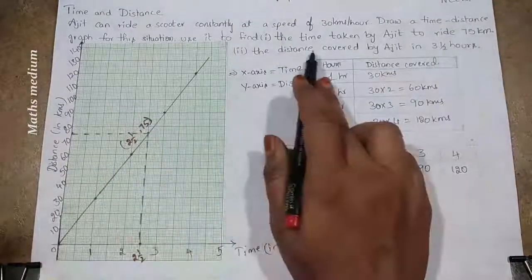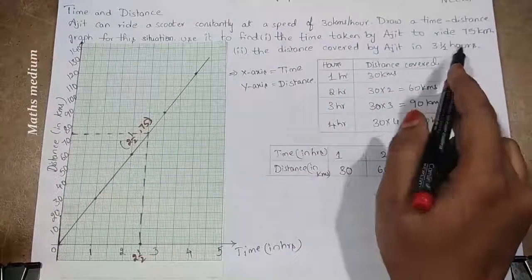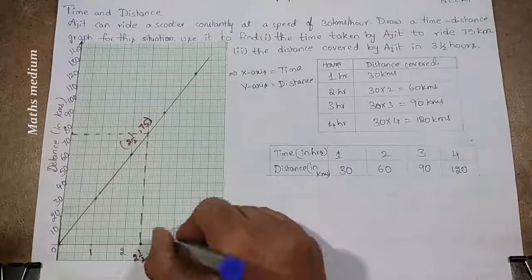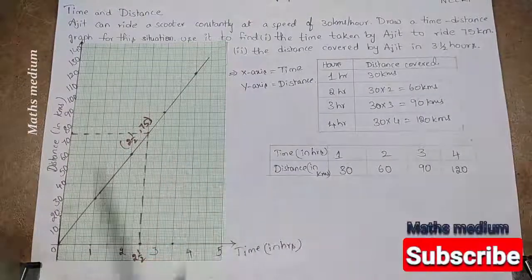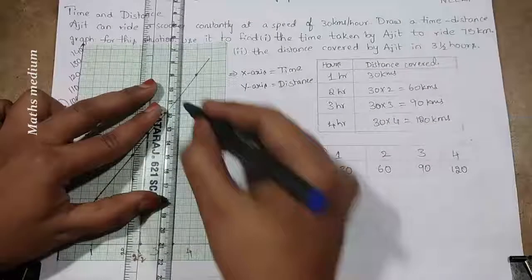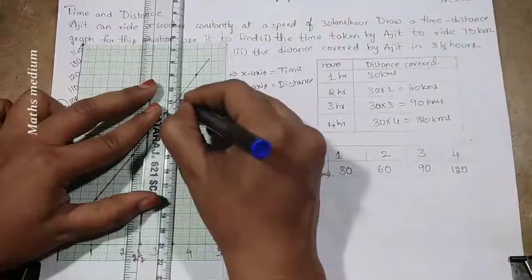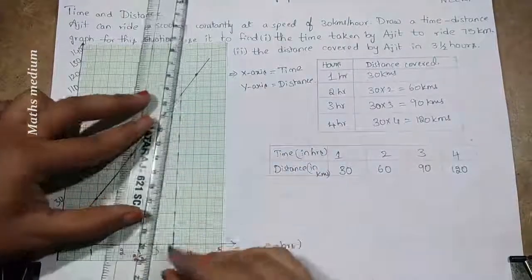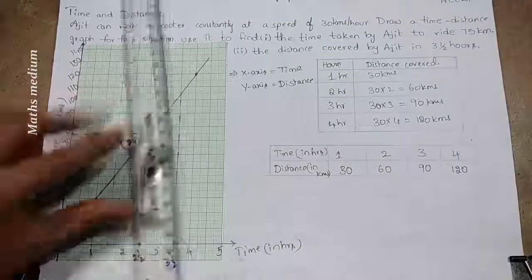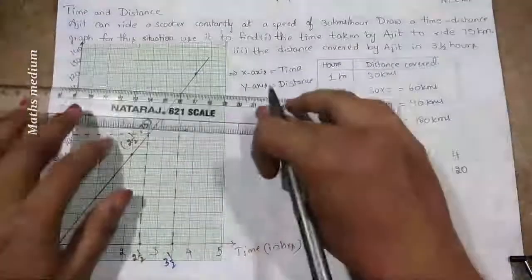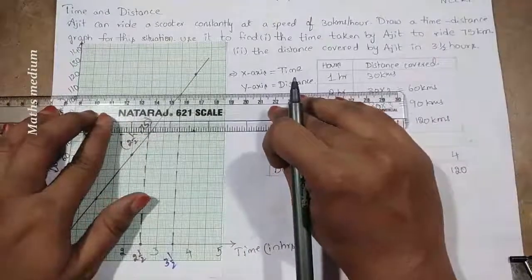Next, the distance covered by Ajit in 3.5 hours. So 3.5 hours means between 3 and 4. This is 3.5. We have to draw a line to touch the line segment here. So see, here is the point. It touches 3.5 hours and it is exactly in between 100 and 110.